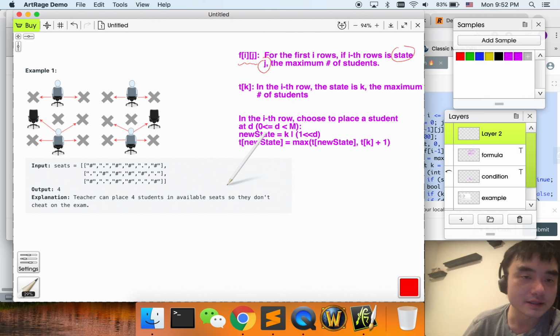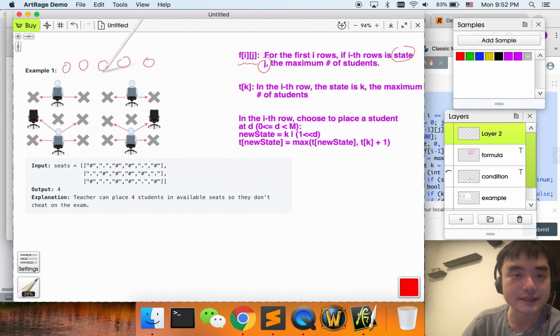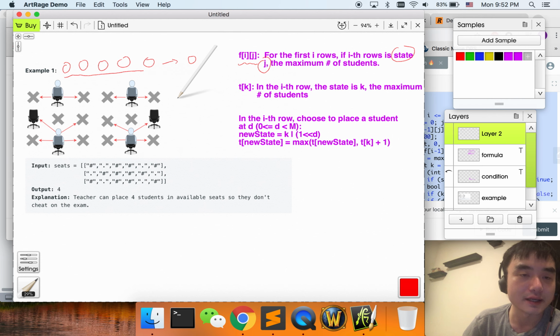State j means, let's say there is one row, the first row, right? And the initial state is 0, right? So 0 in binary format means all zeros, right? So if this seat is occupied, it means like this, right? And this is a binary format.